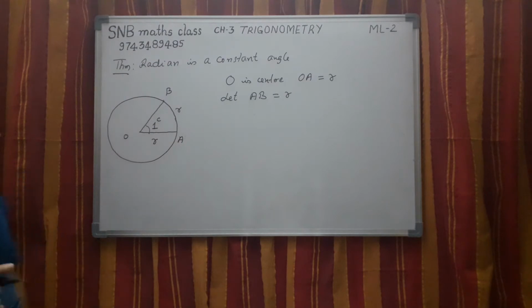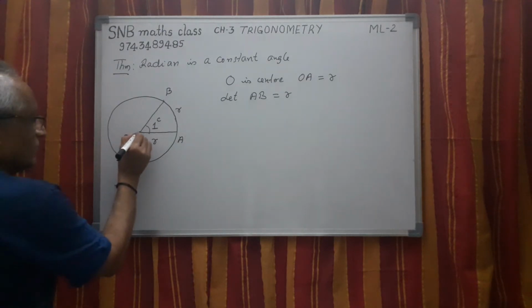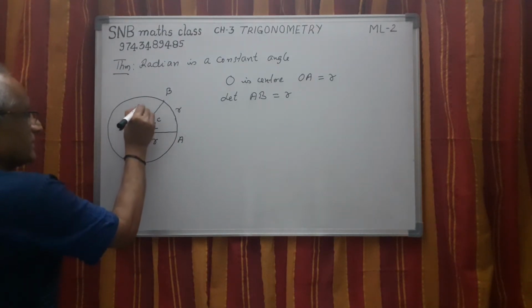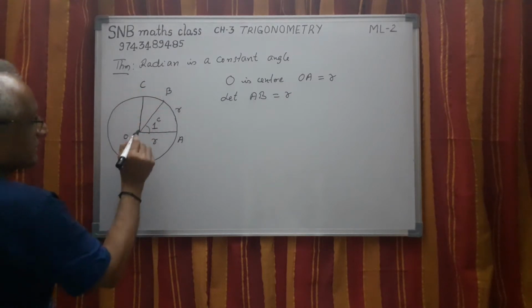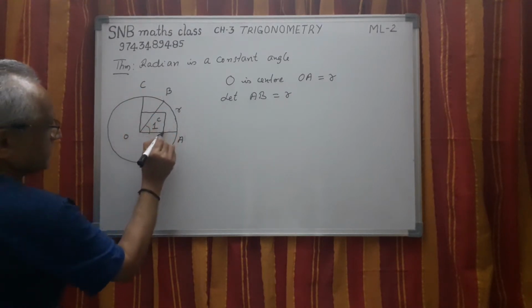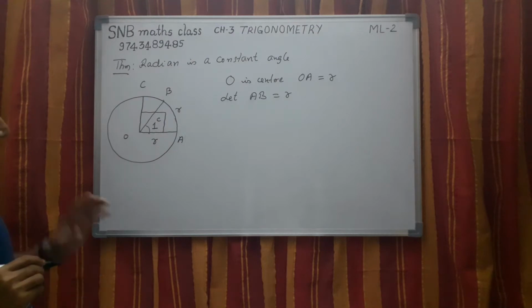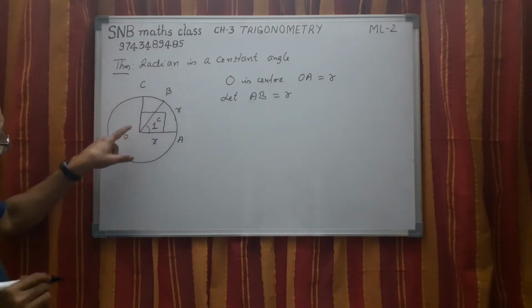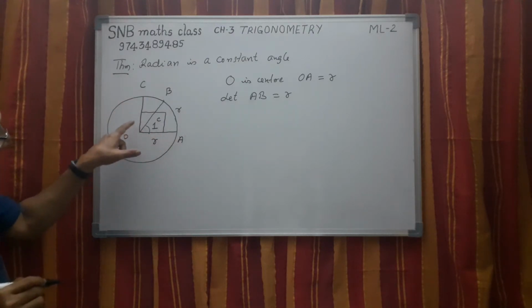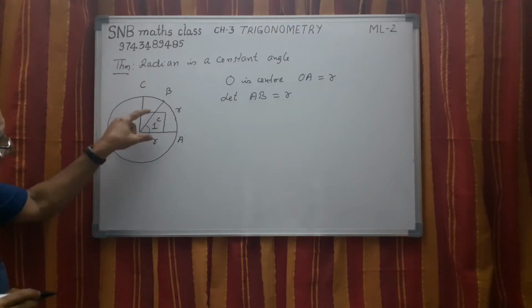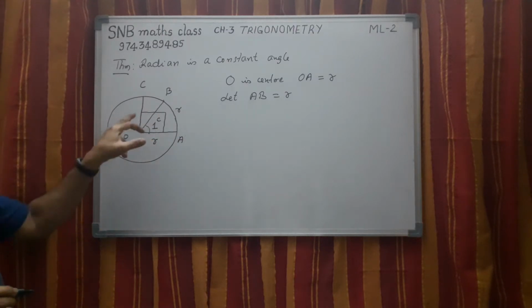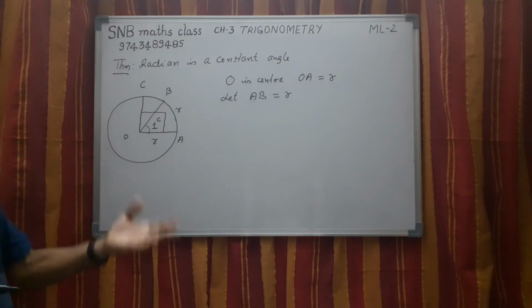Now what I do is, let me take one more radius, that is C, such that this is perpendicular. So now this CO and OA, these two radii also form an angle, and that is 90 degree. Actually right angle or 90 degree.